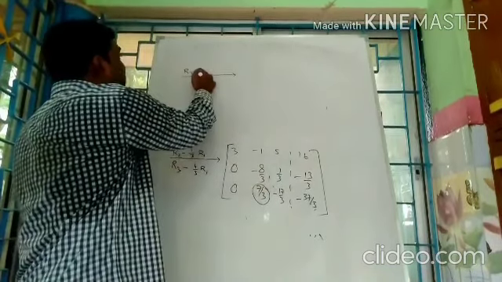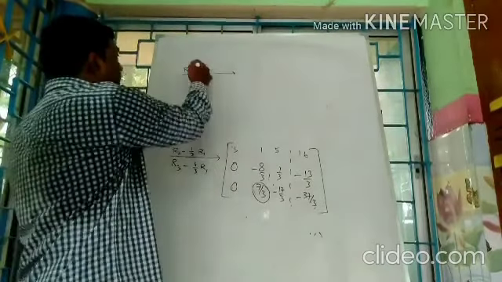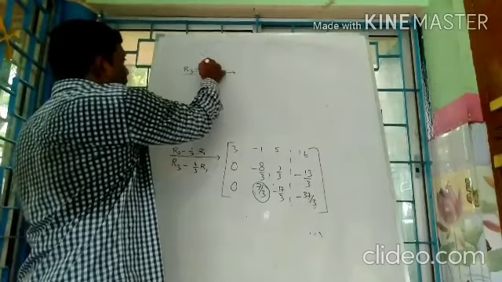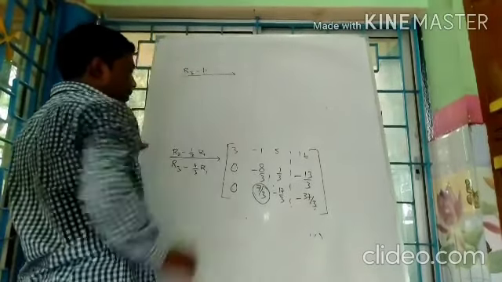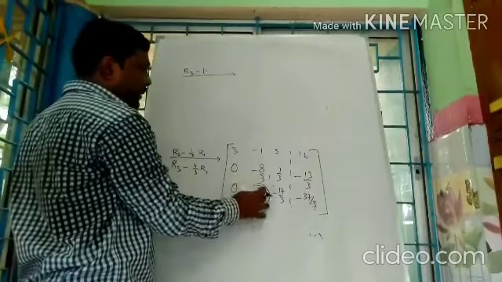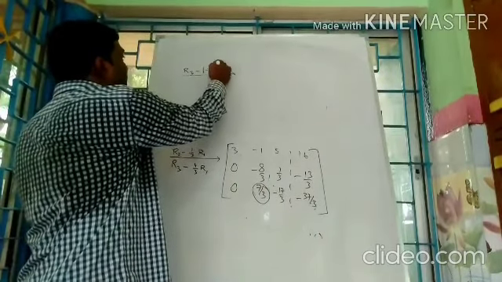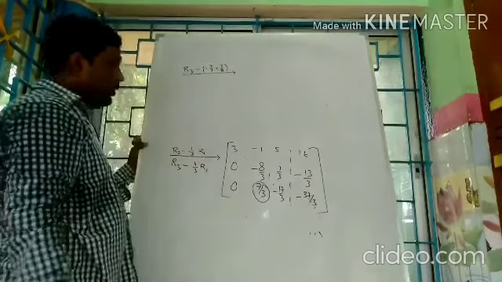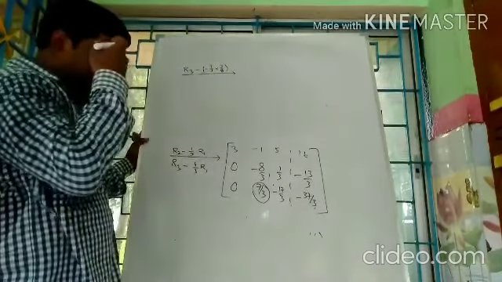So it is R3 minus divided by 3 by 8. So it is 3 by 8, then multiply by 7 by 3. So minus 7 by 3 into 3 by 8.